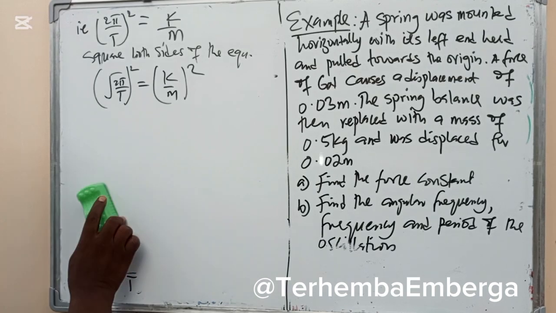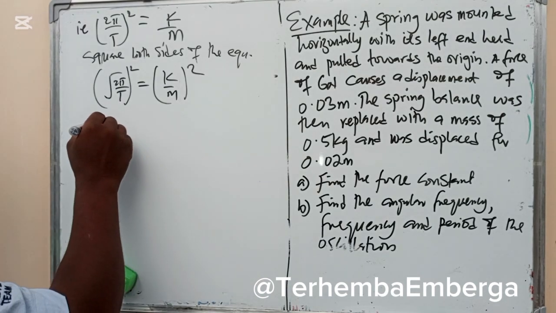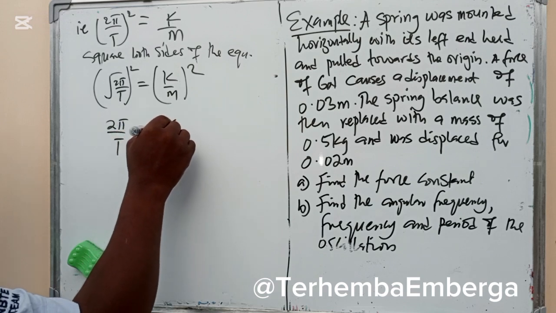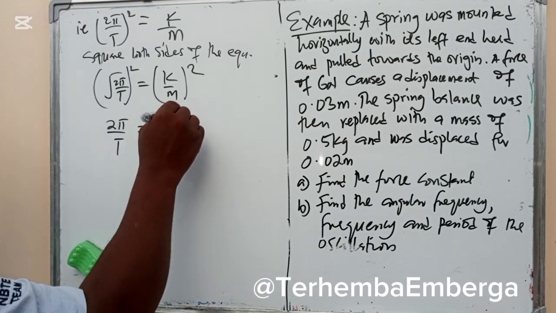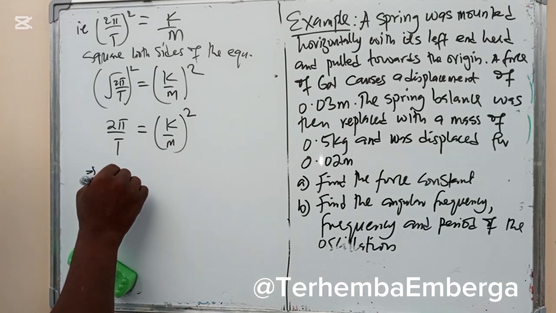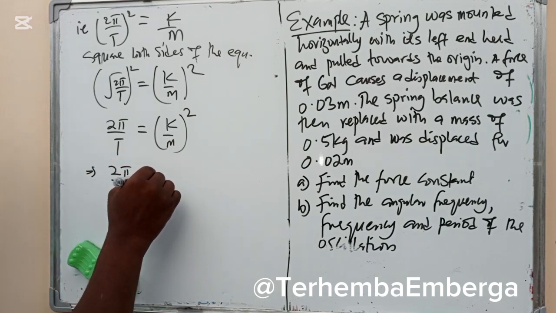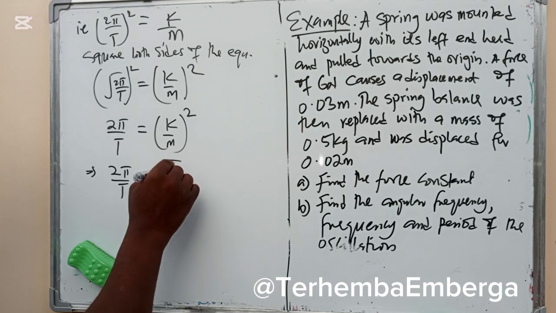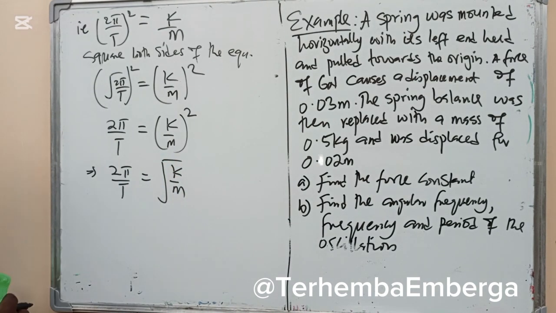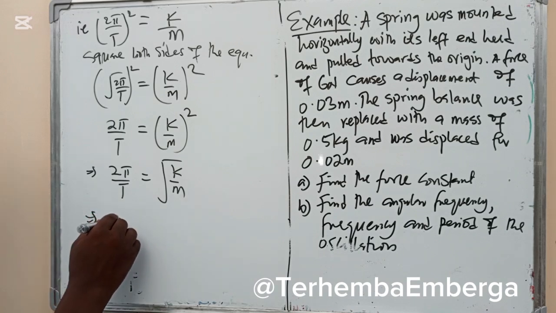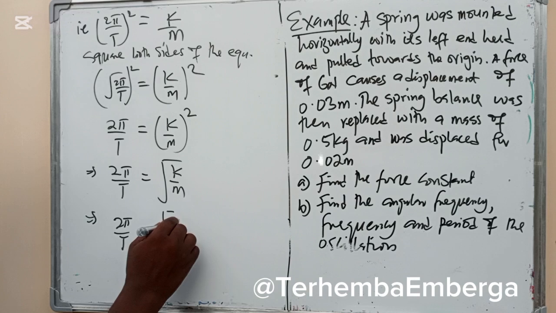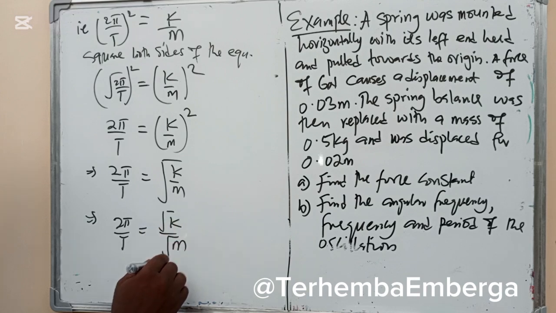And in this case, we now have to square both sides, you have 2 pi over t equal to k all over m squared, which we can represent as 2 pi over t equal to square root of k all over m, which when you break it down, we have 2 pi over t is equal to square root of k all over square root of m.